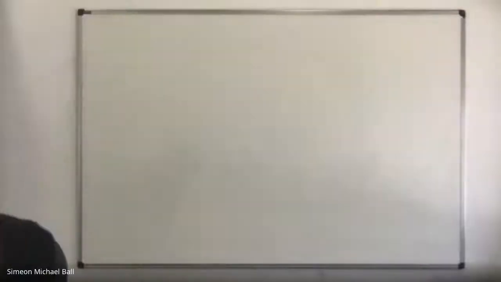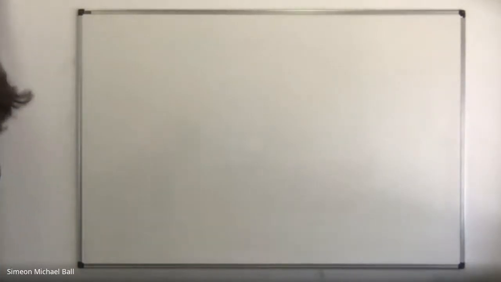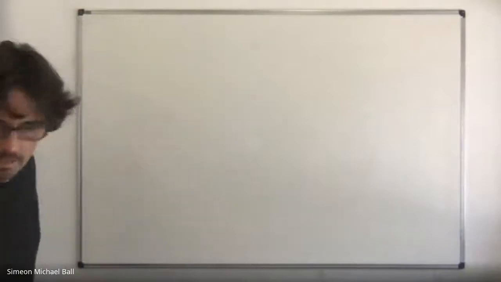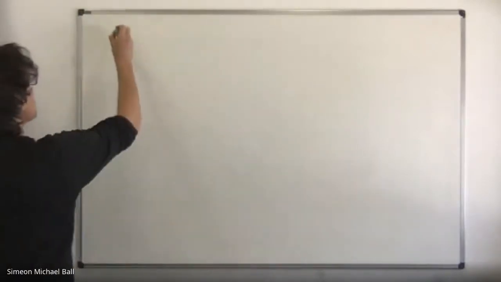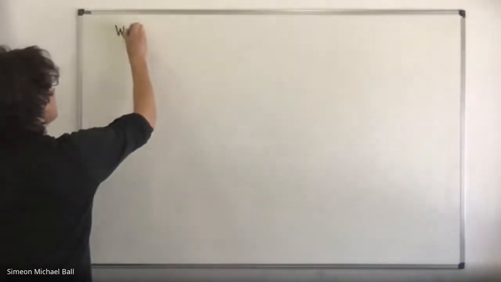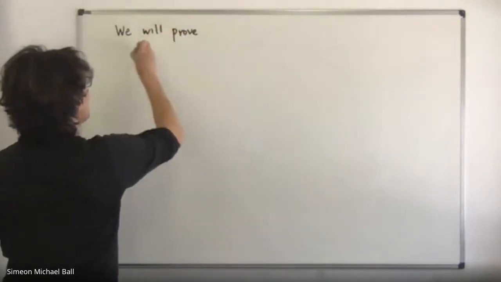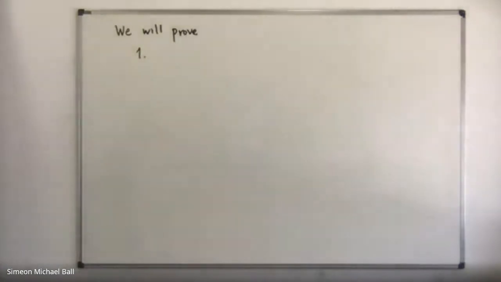Okay, so let's say I want to show you where we're going to go. So we will prove the following, just so that you know, because otherwise we might get a little bit lost on the way.